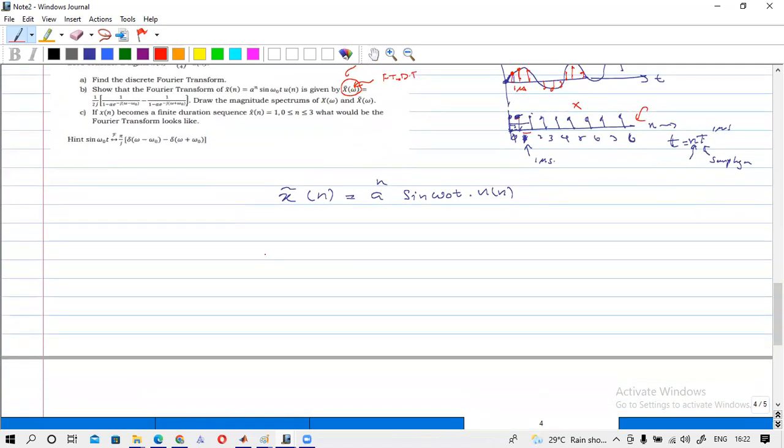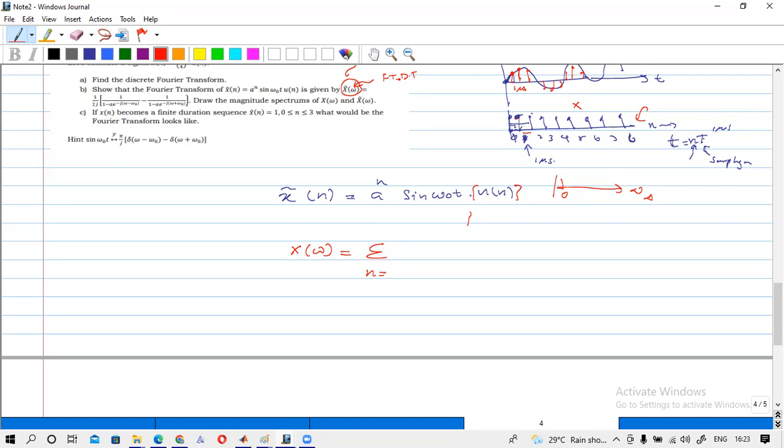Here you can see that if I write this signal, you have only the plus sided value, so you have to consider from 0 to infinity, because that is the definition for the Fourier transform. The Fourier transform definition is n from minus infinity to plus infinity, but this n starts from 0 because here we have u[n].